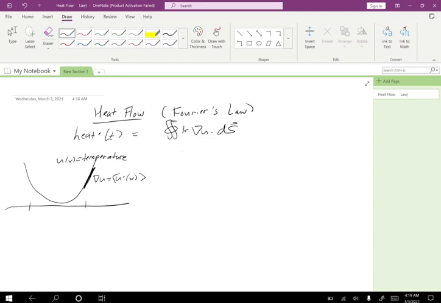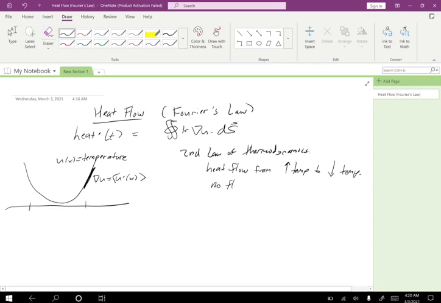So I think you might know the second law of thermodynamics. And this roughly says that heat flows from high temperature to low temperature. And there's no flow if the temperatures are equal. Right?